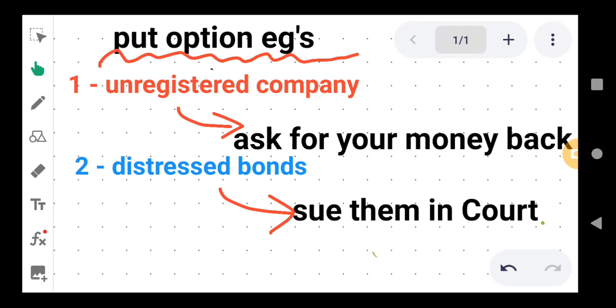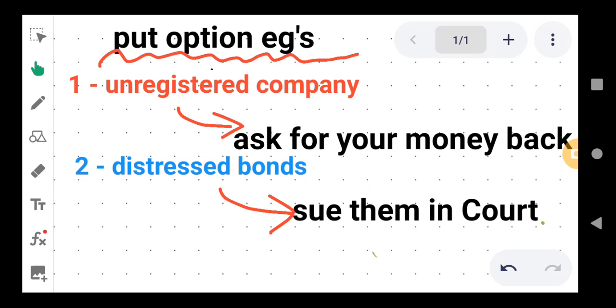And so this is the situation where the put option is actually not completely risk-free. It's not like in the first example where the put option is absolutely risk-free. In this case, the put option is not risk-free because you sue Credit Suisse in court, but Credit Suisse may be in a lot of trouble.